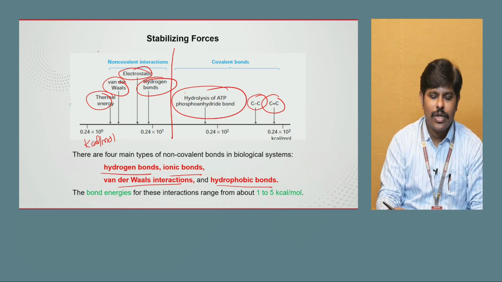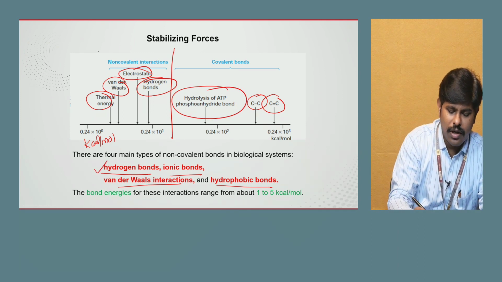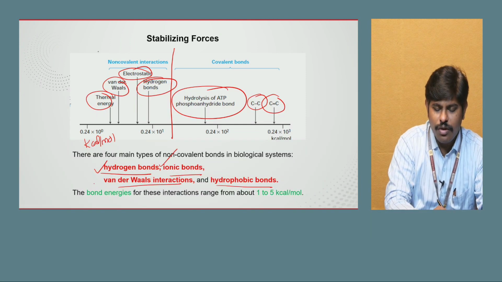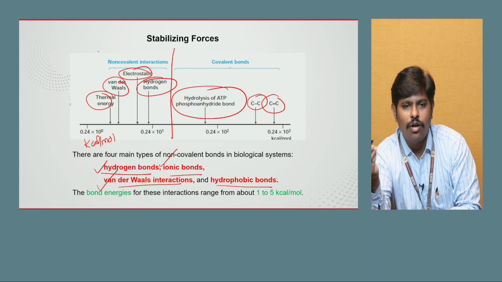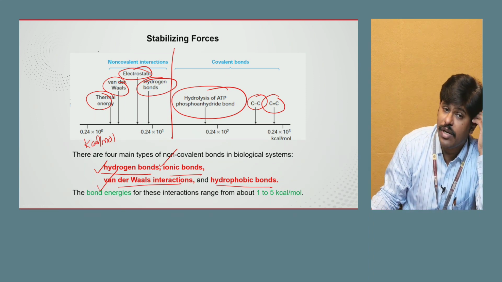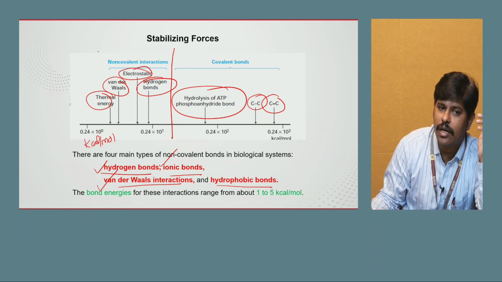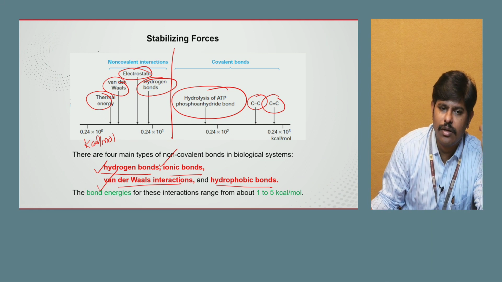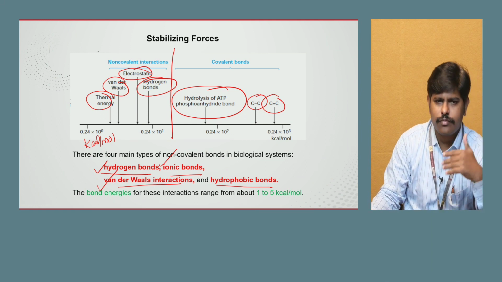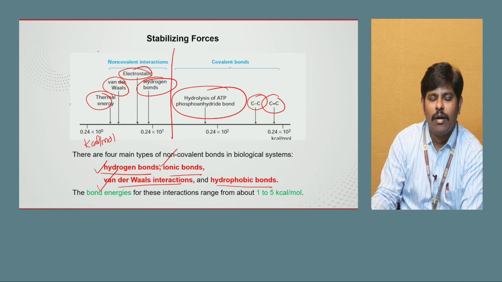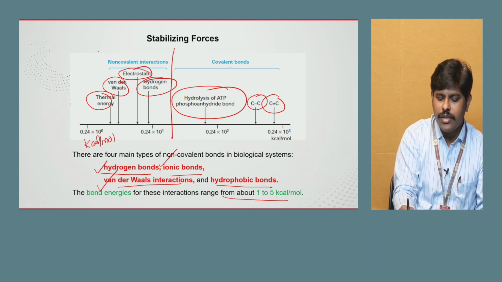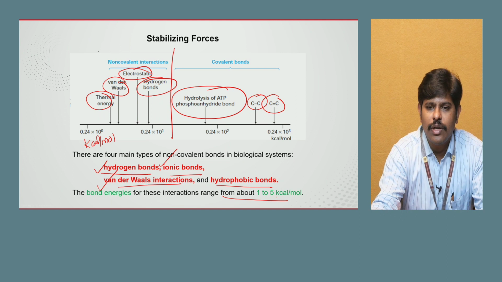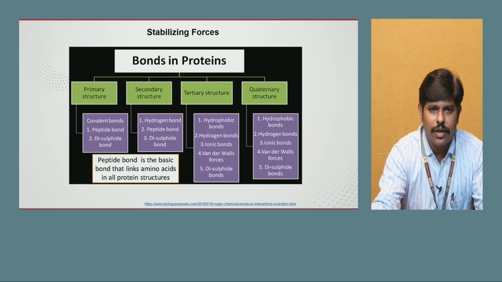So, for protein structures, H bonds, ionic bonds, van der Waals and hydrophobic bonds are nothing but combinations of van der Waals interactions, and also affinity of some of the amino acid residues to avoid water here. The bond energies range from 1 to 5 kilocalorie per mole here.